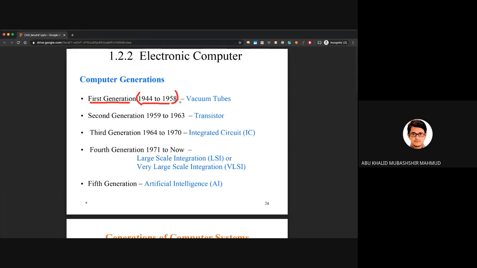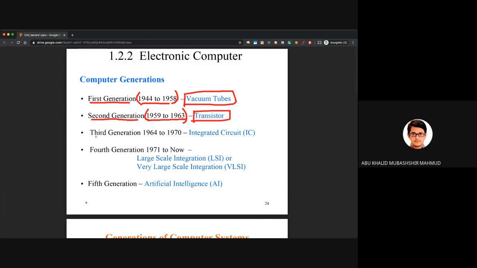During 1944 to 1958, the first generation of computers was used, which was built using vacuum tubes. Then the second generation came. It is a comparatively shorter period than the first generation, and it used transistors as the building block.